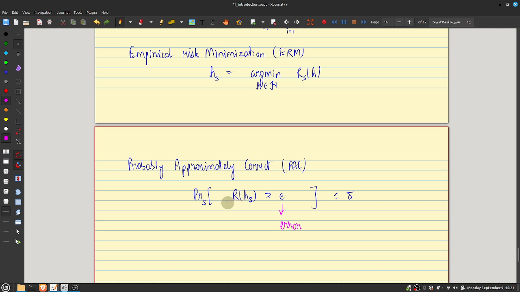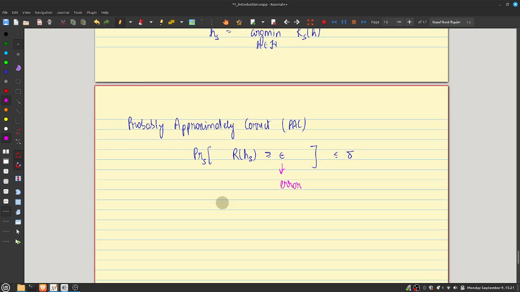This R is evaluated with respect to a new independent sample, but h_S depends on the training set. So these are subtle notions that we'll have to get used to, and that's why I'm using the subscript S to differentiate between each of these. That R_S of h depends on the training set, that is calculated on it, whereas the other is no longer related to the training set.